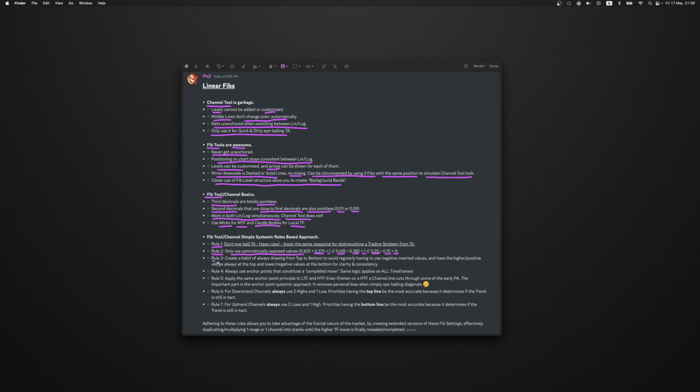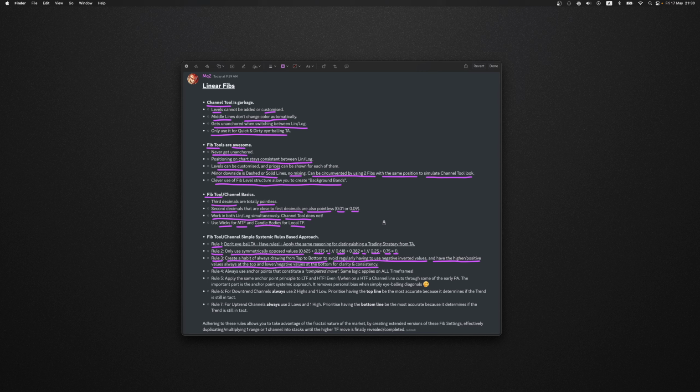Rule number 3. If you do this, it doesn't matter which way you draw the range, whether you draw it from top to bottom or from bottom to top. The lines are always going to be the same. I have created the habit of always drawing them top to bottom, and this is to avoid having to deal with negative inverted values. You always have the higher values and the positive values at the top and the lower and the negative values at the bottom, just for clarity and consistency.